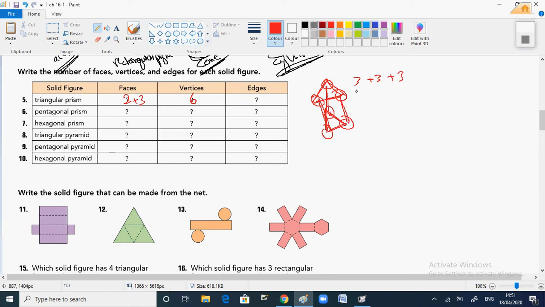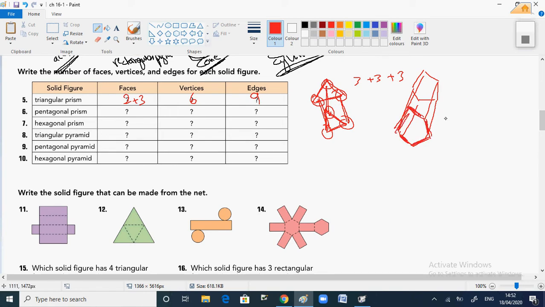So it's 9 edges. Okay, now for a pentagonal prism, 1, 2, 3, 4, 5, 1, 2, 3, 4, 5. Connect between them. So here, pentagonal prism, how many faces? One up and one down. And here I have 1, 2, 3, 4, 5 edges.